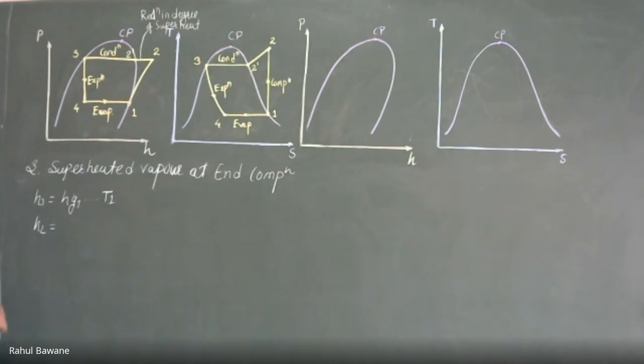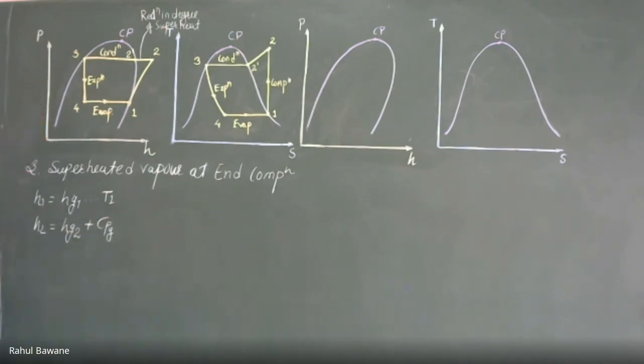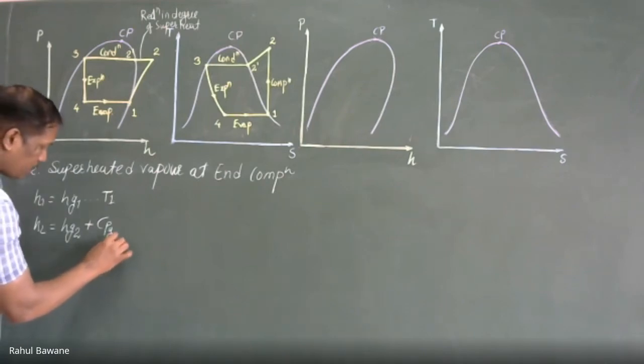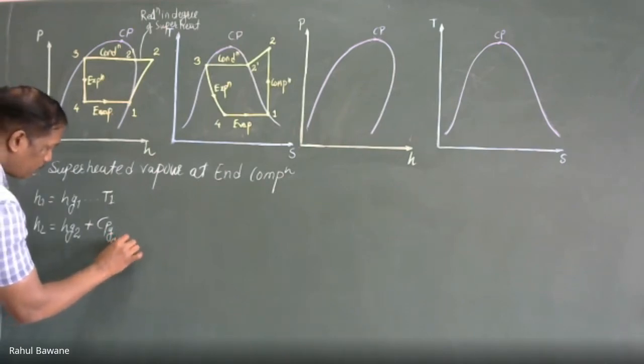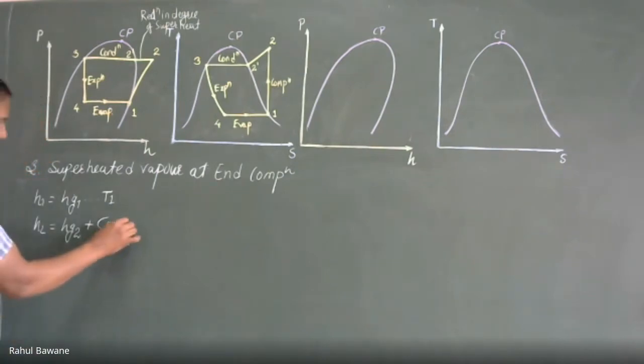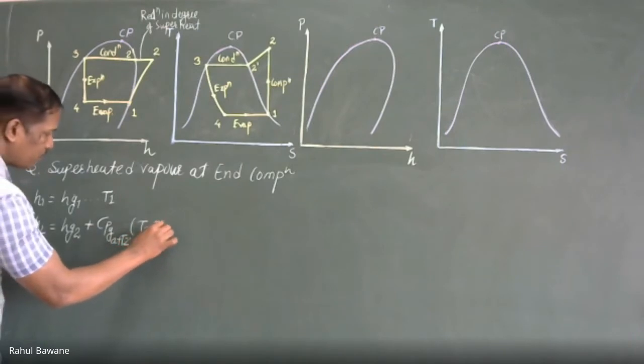The enthalpy of superheated steam is Hg2 plus, due to superheat, Cpg multiplied by T2 minus T2 dash, where Cpg is the specific heat of the vapor at T2 dash.